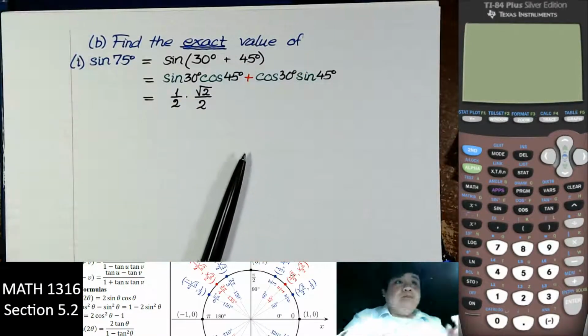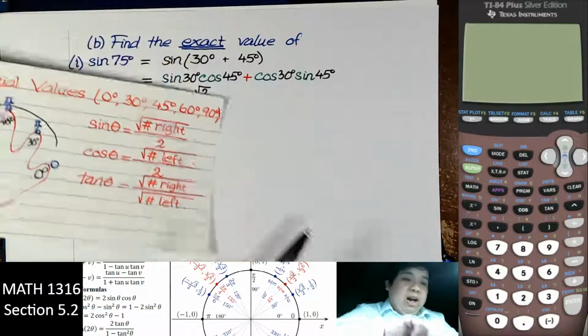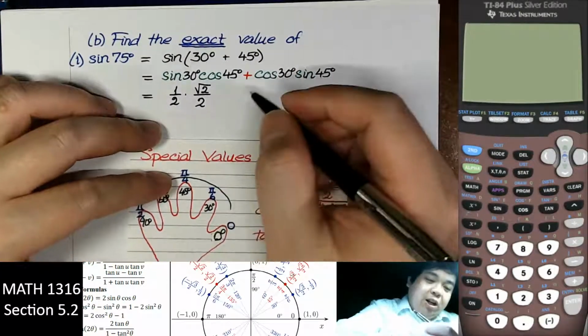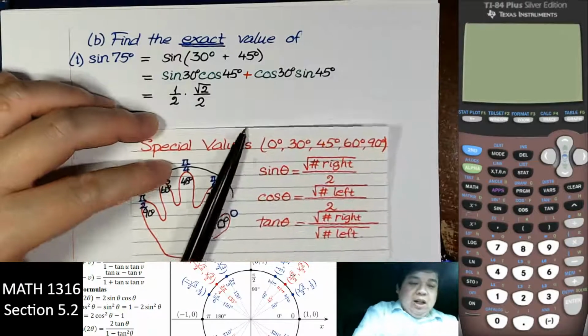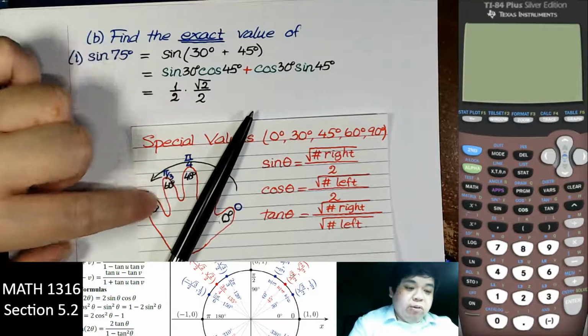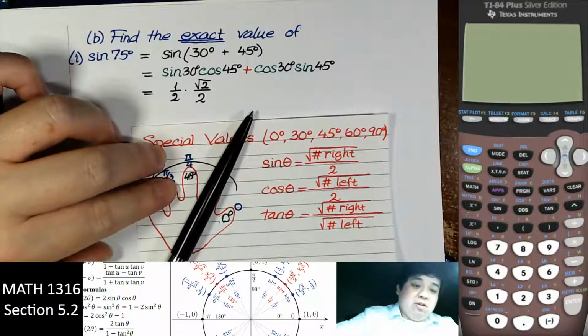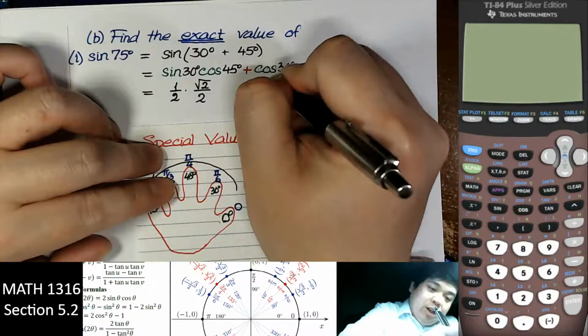Of course, we use that unit circle, or we're going to use the right hand trick. Cosine of 30 degrees. So we're going to cover 30 degrees, and cosine is the number of fingers on the left side. Square root of that divided by 2. So square root of 3 divided by 2.